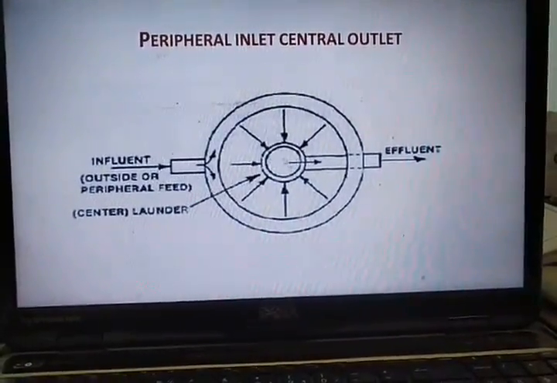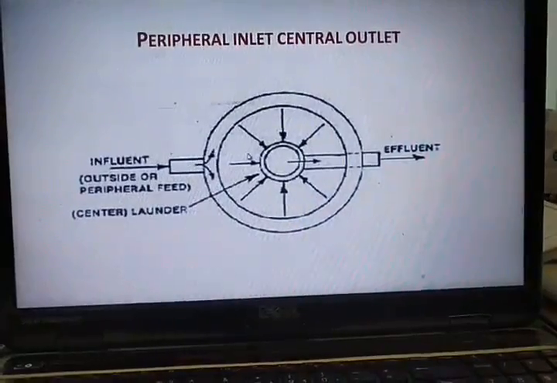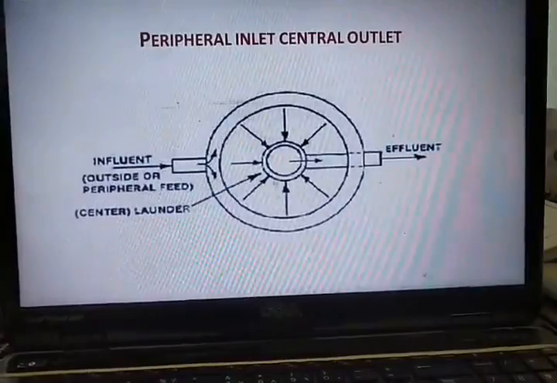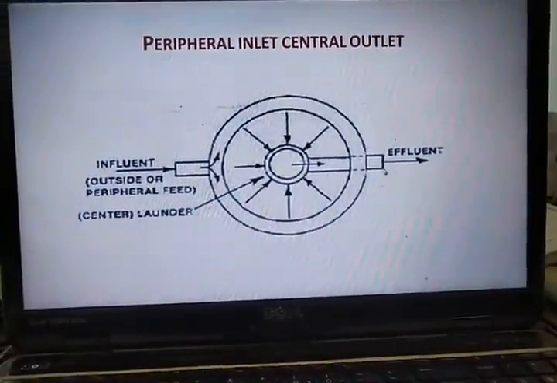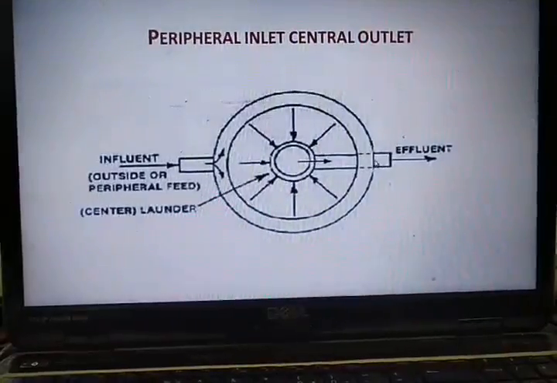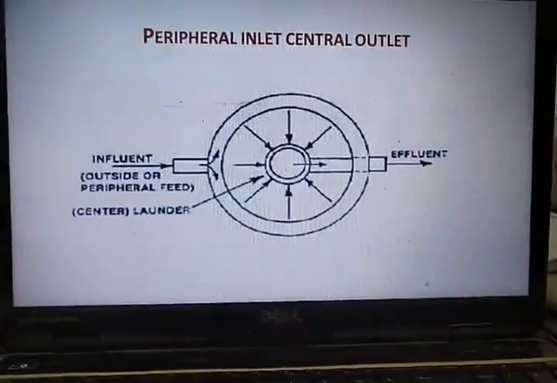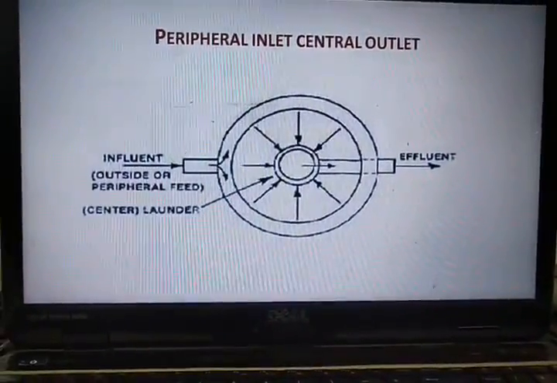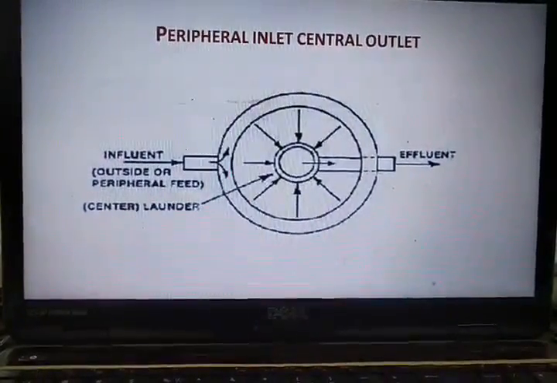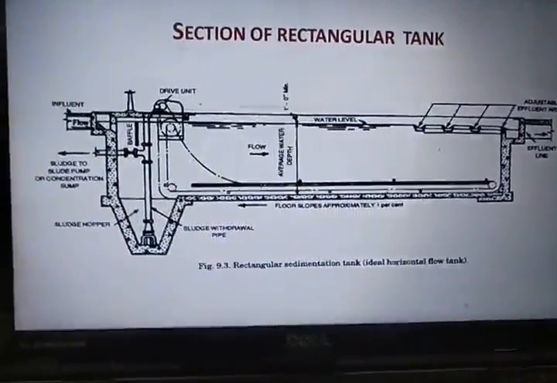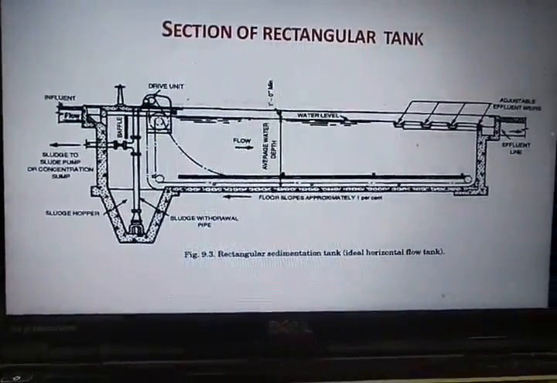With the peripheral feed, water can also enter the sedimentation tank and be taken out through the effluent channel or effluent weir. Based on the design considerations, these types of inlet and outlet arrangements can be made.